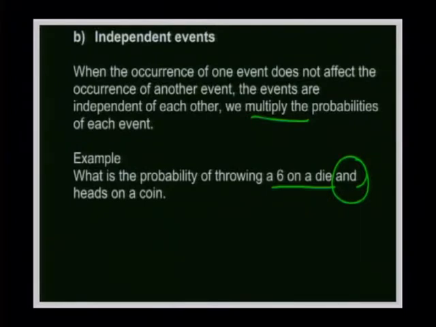So let's do the calculation. The probability of throwing a 6 on a die is 1 out of 6. The probability of heads on a coin is 1 out of 2. We've only got 2 sides to a coin. And in probability, we multiply the 2.